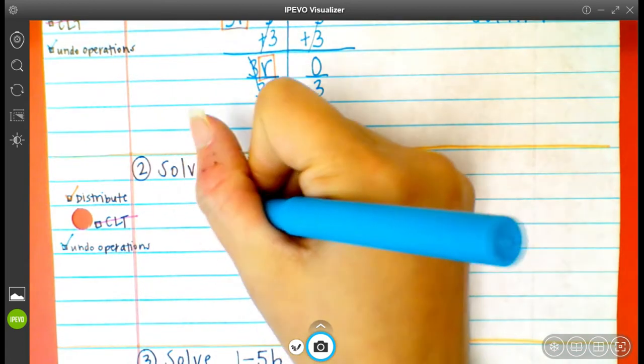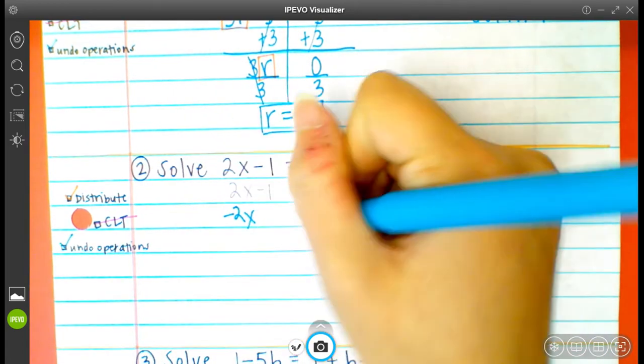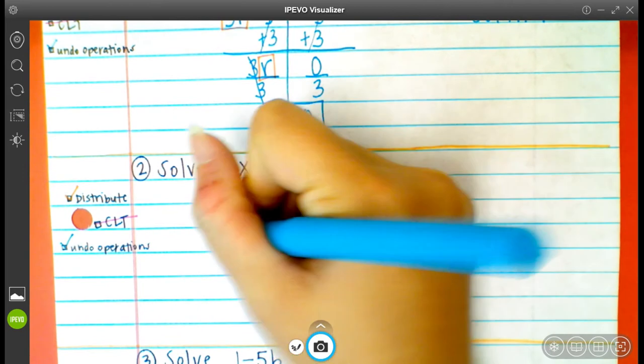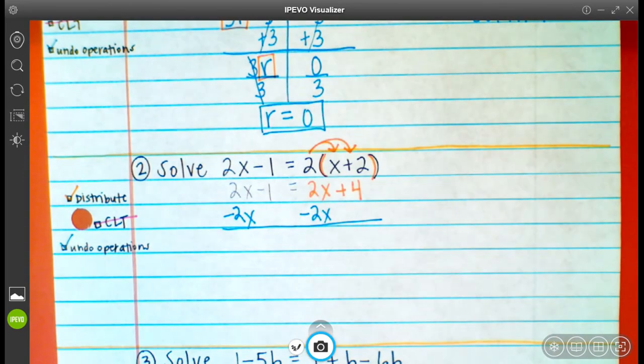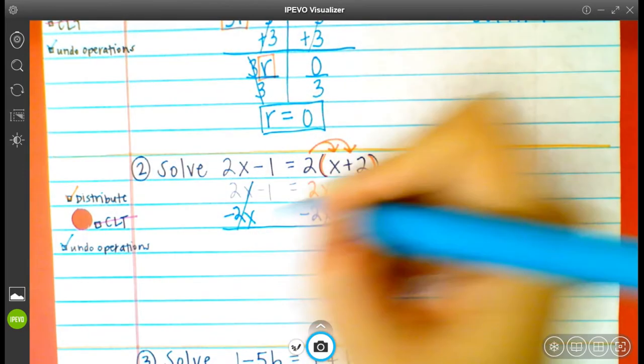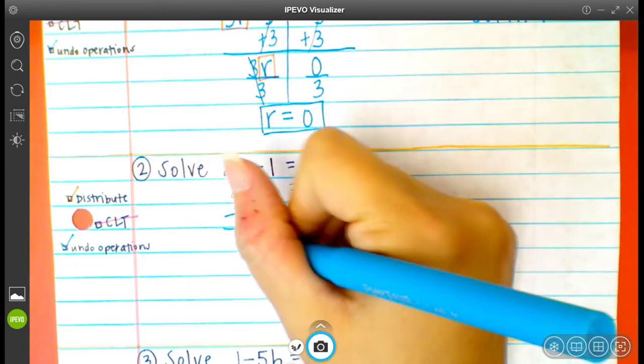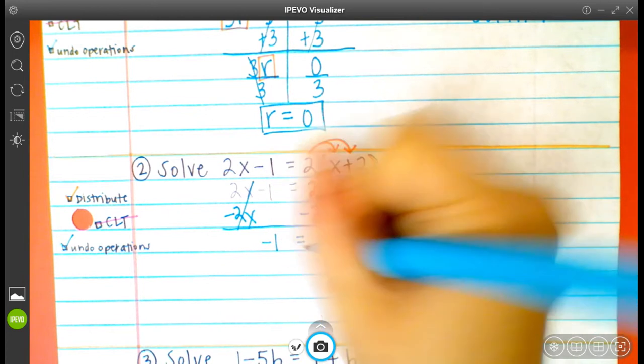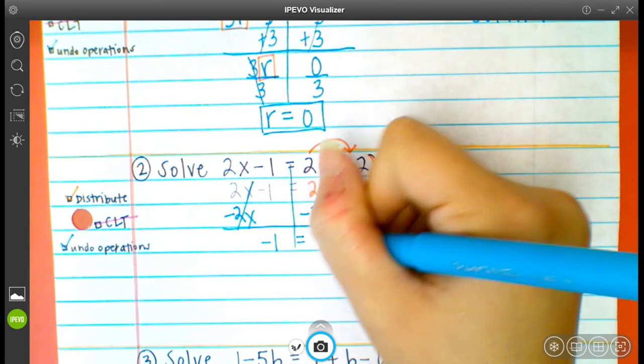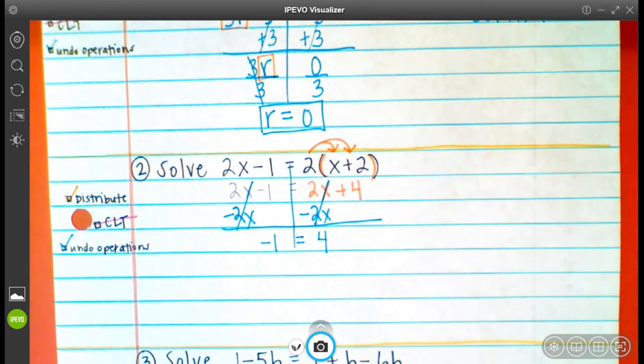So to undo a positive 2x, we subtract 2x. Now notice when we subtract 2x, they undo each other on both sides of my equal sign. Notice there is no x left. And we come down to this statement that -1 equals 4.